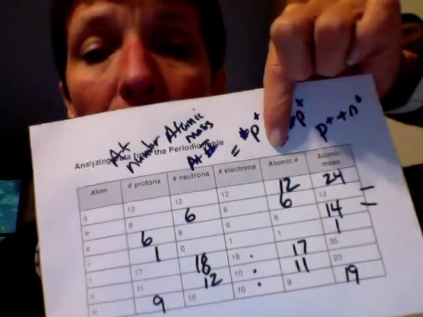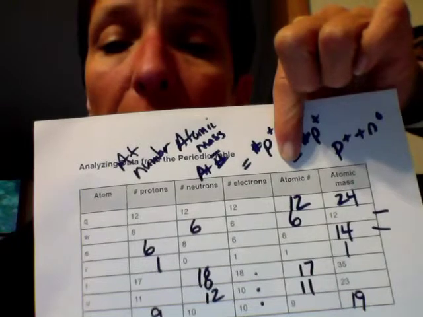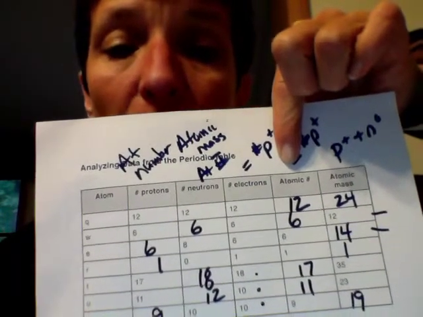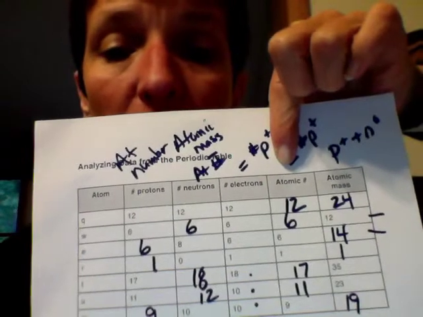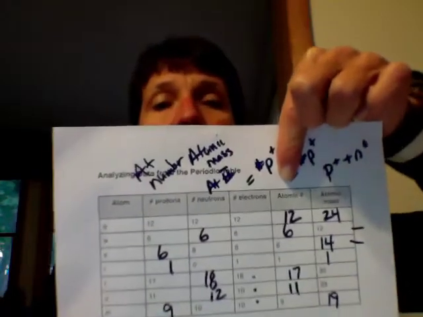So let's find our atomic number column, and let's look down and see, are there any that have the same atomic numbers? Well, if you look, W and E, where the slashes are by, both have the atomic number 6. So they are the same element.